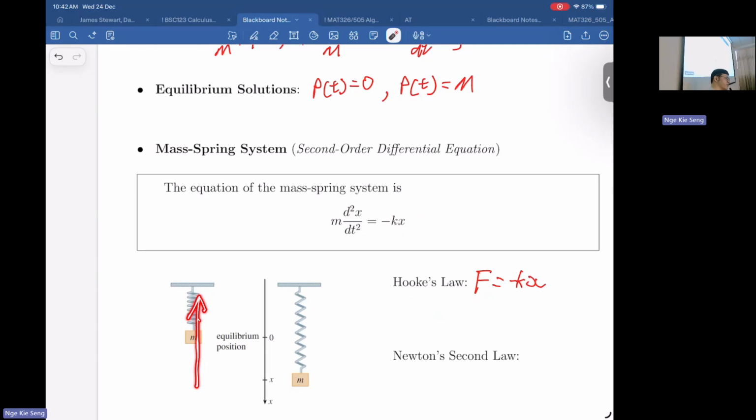So that force, what's the name of that force? Elastic force? No. I didn't learn physics for a long time. What's the force that's stored in a spring? What does Chinese call it? Maybe I can recall.